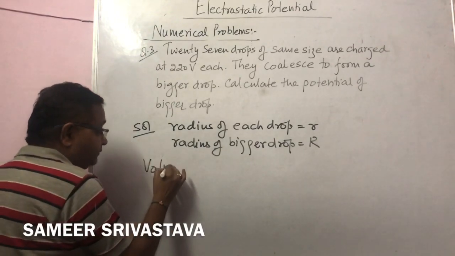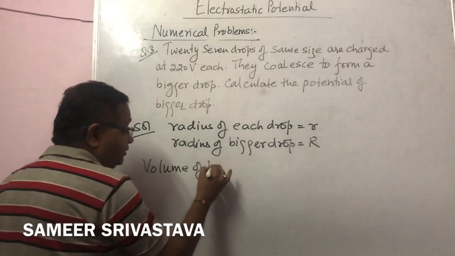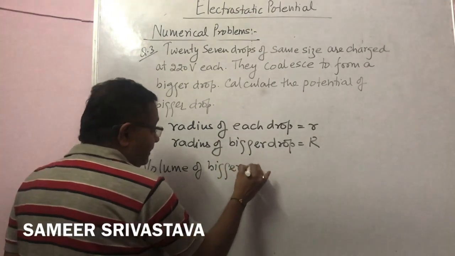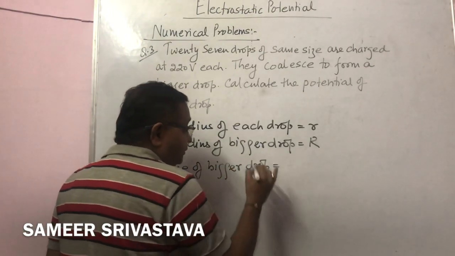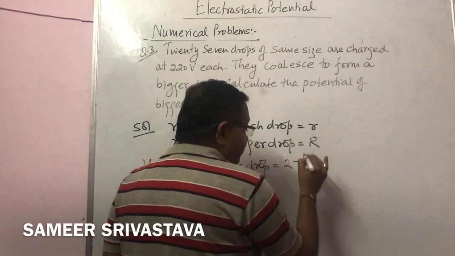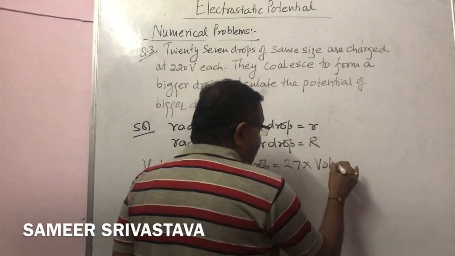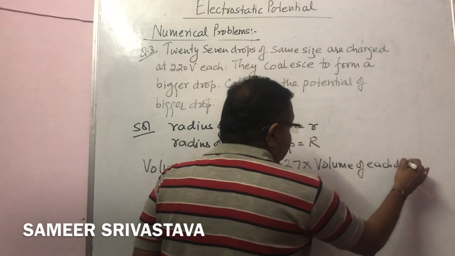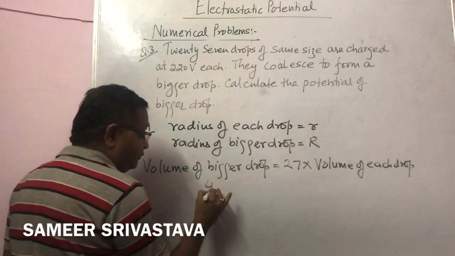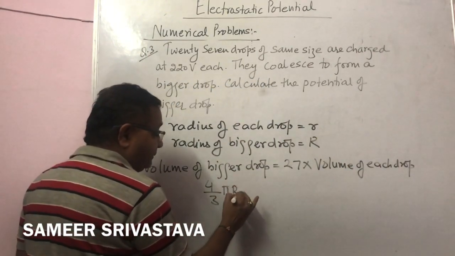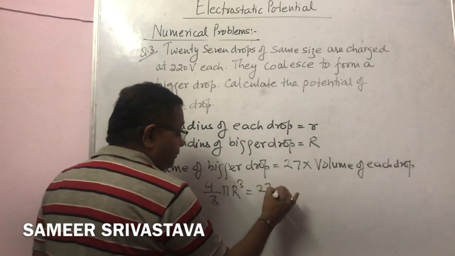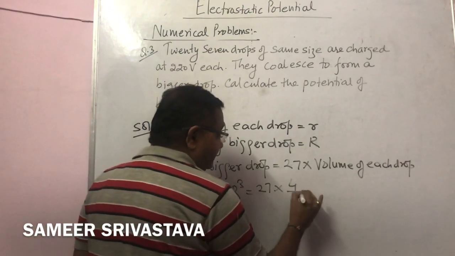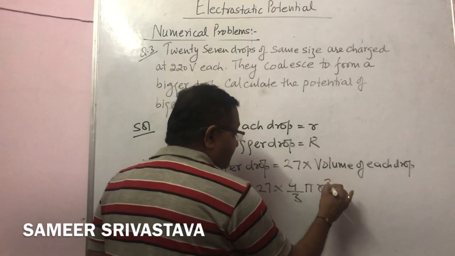It means the volume of the bigger drop is equal to 27 multiplied by the volume of each small drop. So we can write 4 by 3 pi capital R cube is equal to 27 multiplied by 4 by 3 pi small r cube.